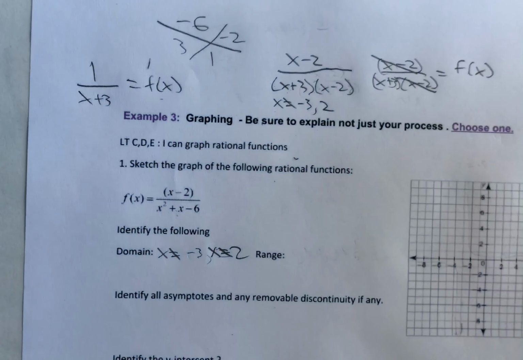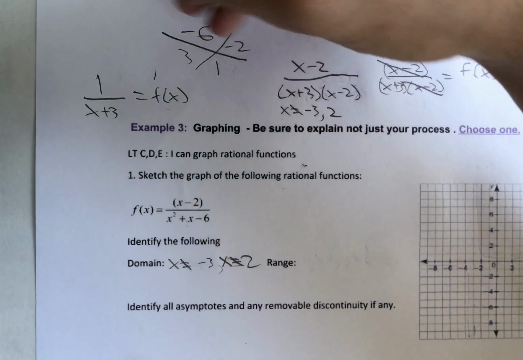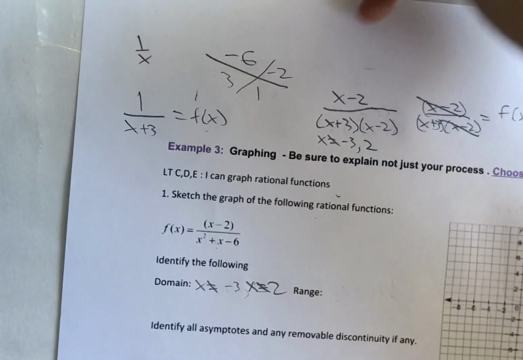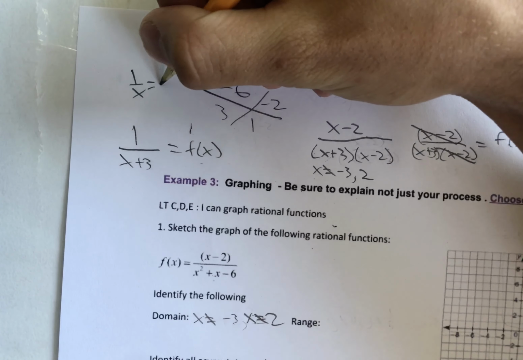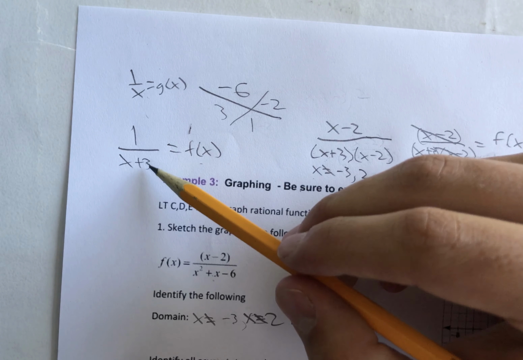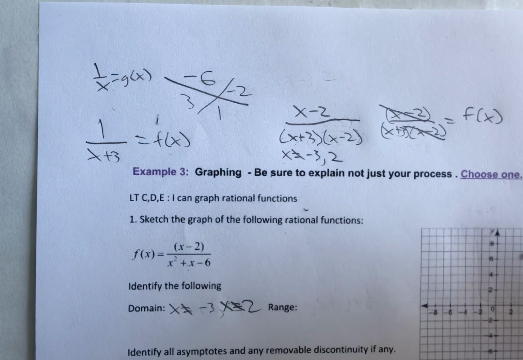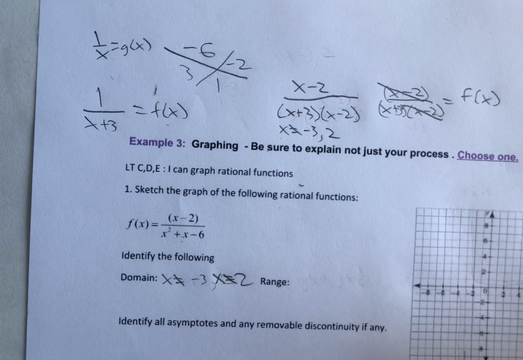And this is really good because it means that it will look a lot like our original parent function of 1 over x, but when we graph it, it will just be 3 to the left.